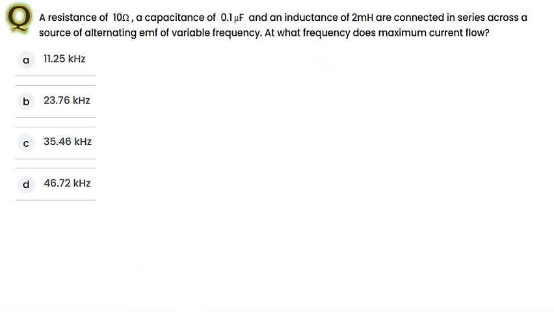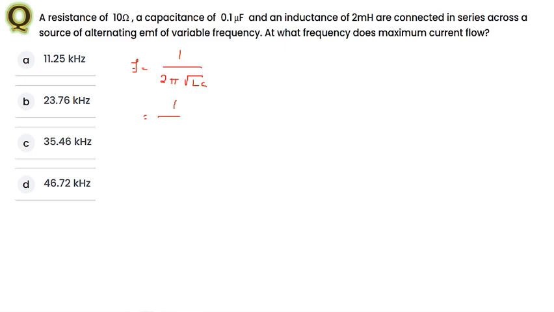So here I just mention the frequency in case of maximum current flow. That formula is f equals 1 divided by 2 pi into square root of L into C. Now you just substitute all the values over here.